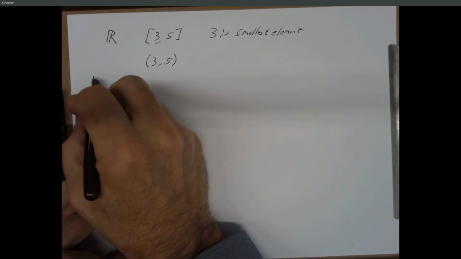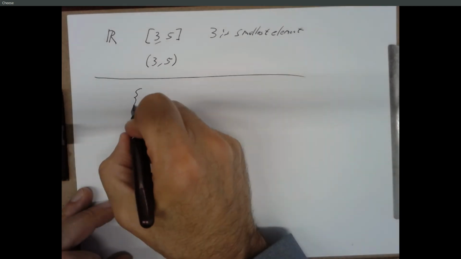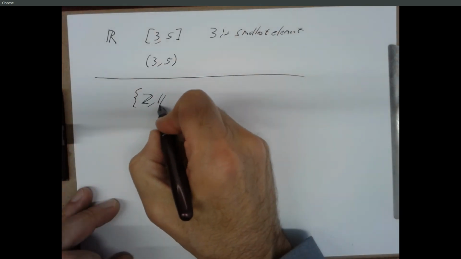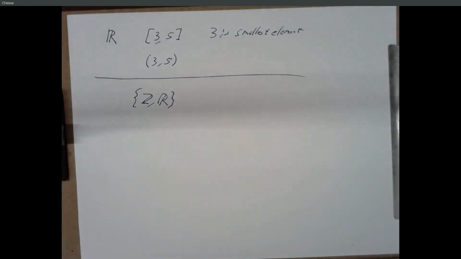All right, so here's a weird set I'm going to create for you. Is that a valid set? Is it a collection of things? I mean, Z is a thing. It's a set of integers. R is a thing. It's a set of reals.